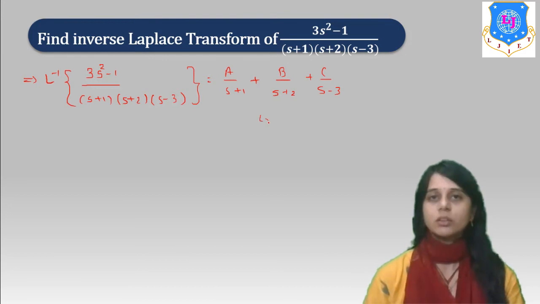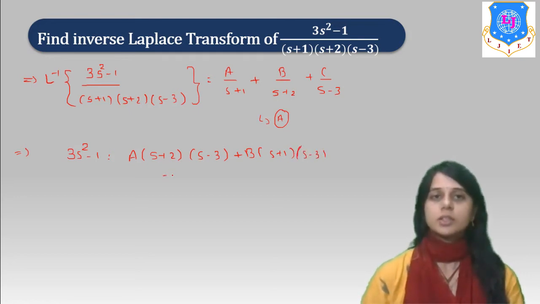This is our equation A. Now, taking LCM: 3s square minus 1 equals A(s plus 2)(s minus 3) plus B(s plus 1)(s minus 3) plus C(s plus 1)(s plus 2).